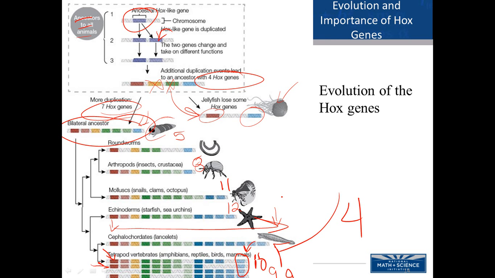So nearly every animal that has been tested does indeed have homeosequences in its DNA. And the more closely related two animals are, the more alike their Hox genes are going to be. It also tells you that this gene is extremely important and has been conserved over time.